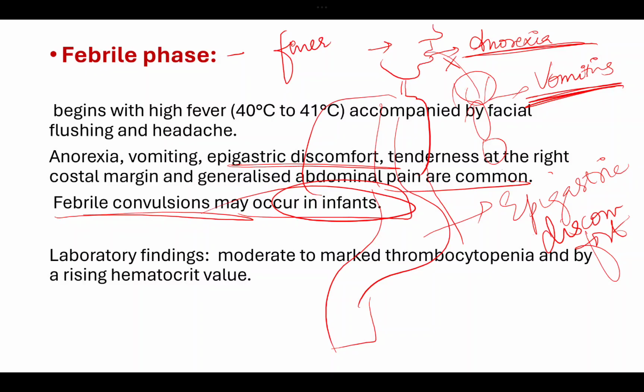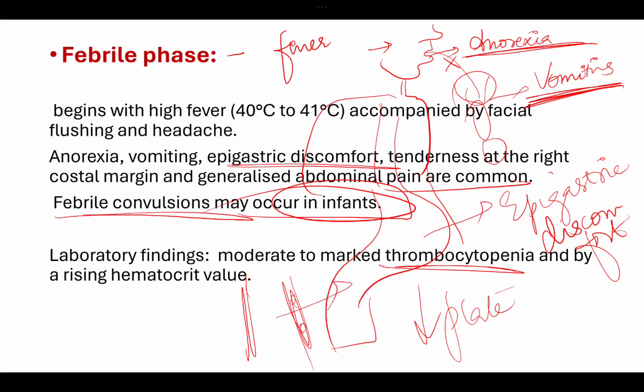Laboratory findings will show moderate to marked thrombocytopenia, which is a decrease in the platelet count, because plasma leakage has occurred. The blood has become more concentrated. The platelets stick together, and the virus is combining with the previous antibodies and making the platelets more susceptible to destruction, and the virus is destroying the platelets by itself.